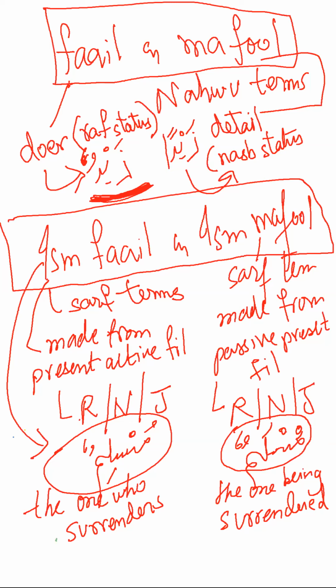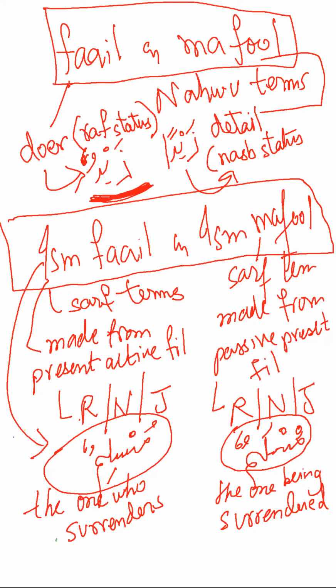When we start doing sentences, you will see how it works. Do not confuse the nahu terms. In nahu, what we are doing is giving roles to all of the isms, no matter how they are made, no matter where they are coming from. Any ism that comes in a sentence in a rafa status will be the doer.